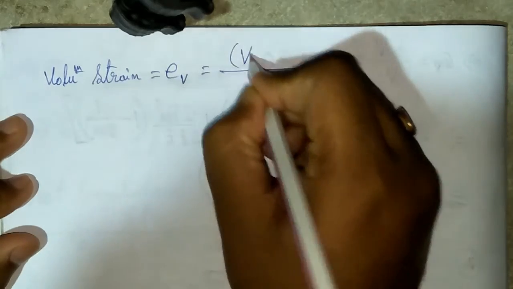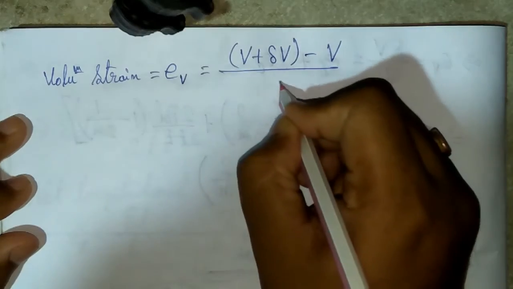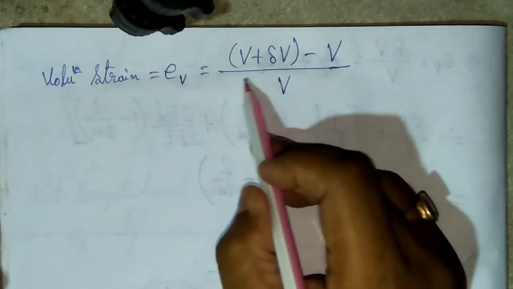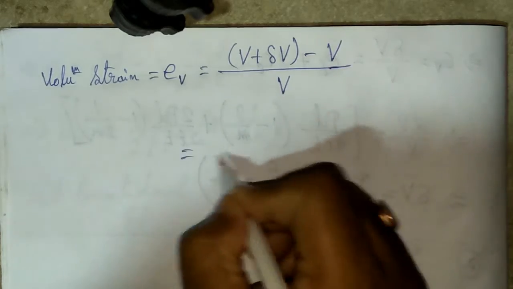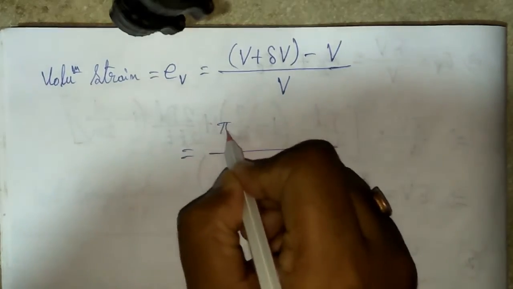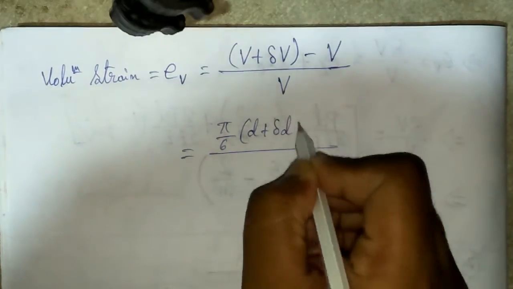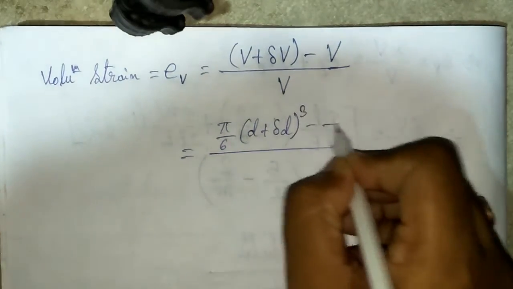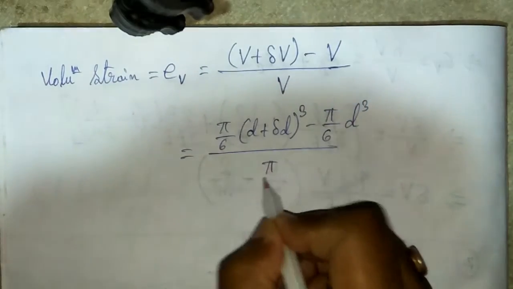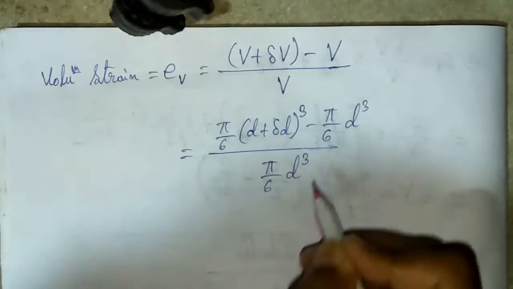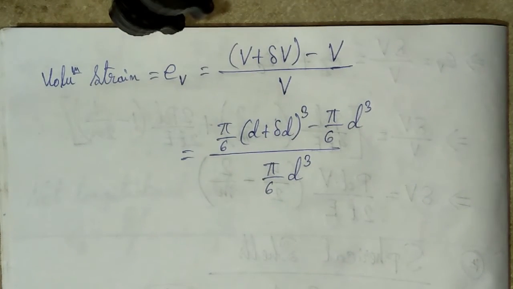So change in volume is V plus delta V minus original volume, by the original volume. So change in volume is pi by 6 into (d plus delta d) cube minus pi by 6 into d cube, by the original volume, pi by 6 into d cube. Okay, so this is the volumetric strain.